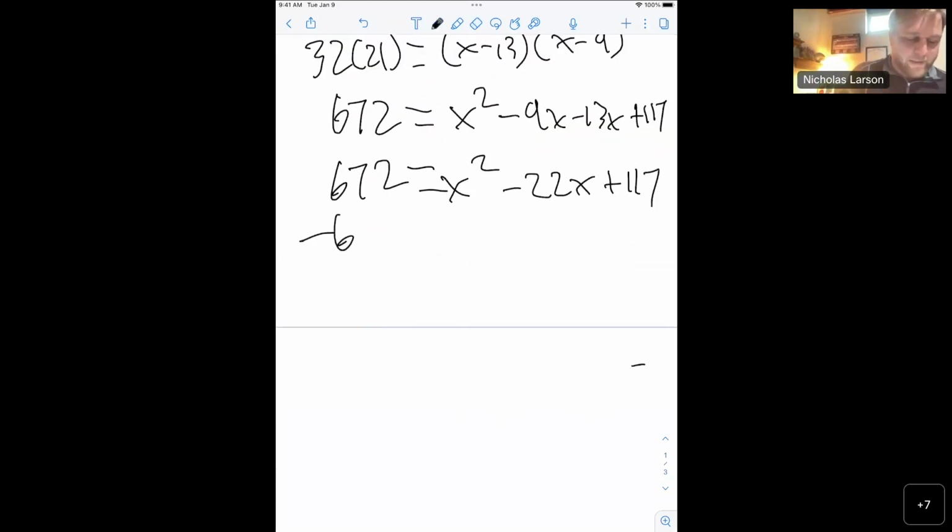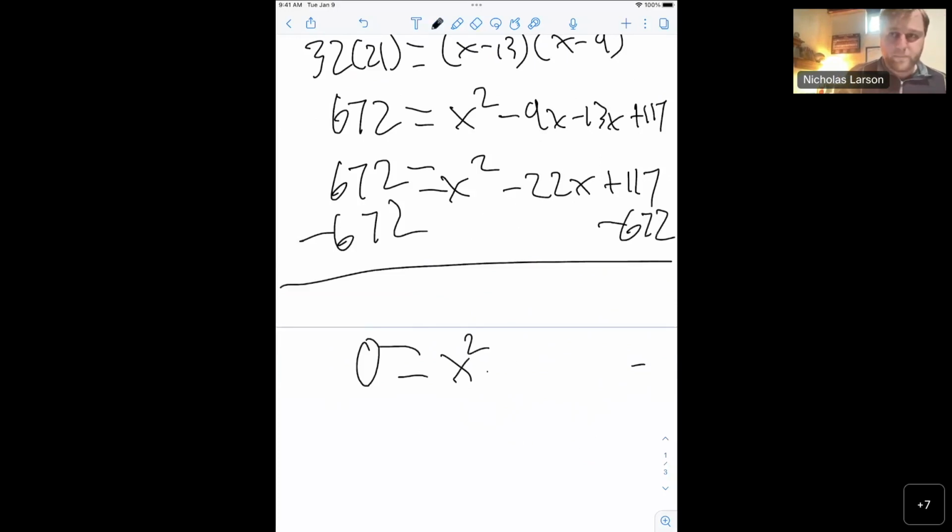We have to make this equal to 0 first. This one's turning into a long one.